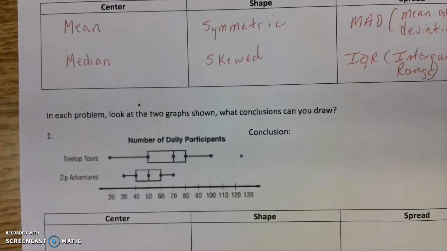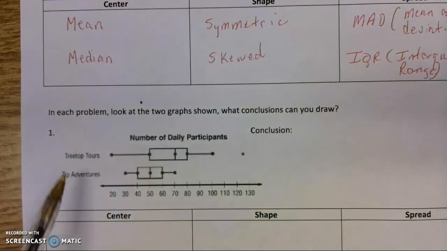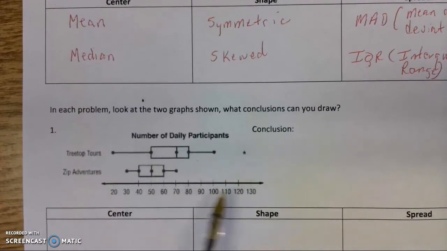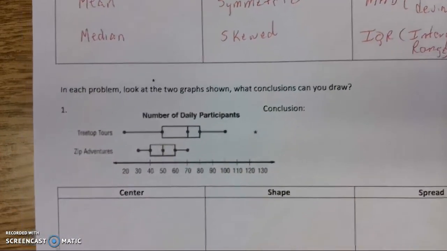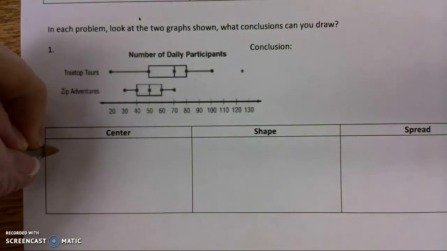So now, I have two companies, and they have graphed their daily participants. I have Treetop Tours and I have Zip Adventures. Now, as I look at this, first of all, this is a box and whisker, so I immediately know that the measure I'm going to have to look at is median.